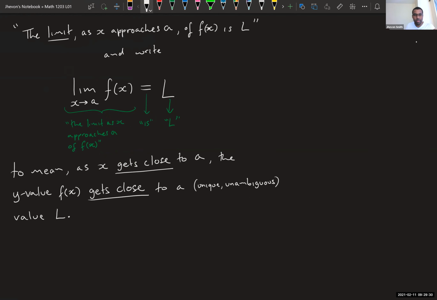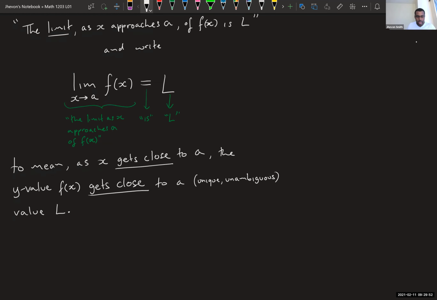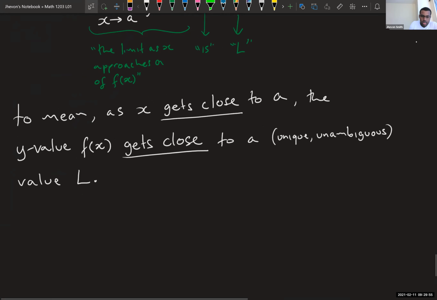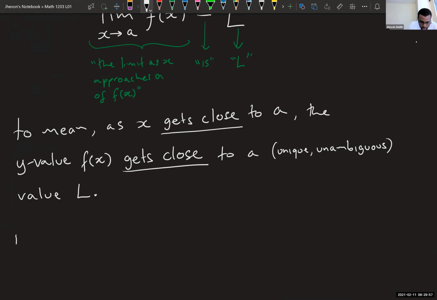So we write this notation, and what it means is, as my x value gets close to some number, my y value will get close to this number. So as my inputs get close to something, my outputs will get close to something, and I can tell you what that thing is without any ambiguity. And that's basically what a limit is. So, i.e., the limit is the y value. The limit is what the y value gets close to.